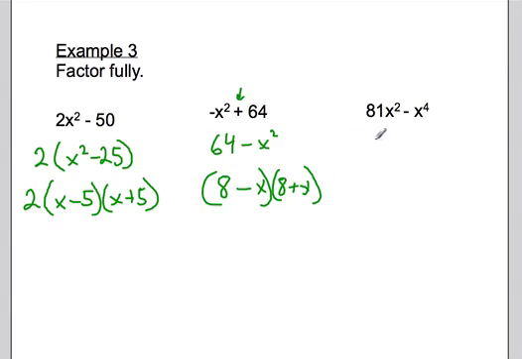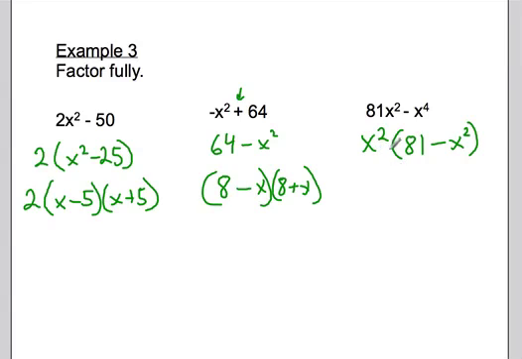And in the final example, one thing that we can do here is we can factor the GCF. We don't have a numerical GCF, but we have x squared and x to the power of 4. So the GCF is x squared, the lowest power of x. So we can factor out x squared, and we're left with 81 minus x squared once we factor out that x squared.